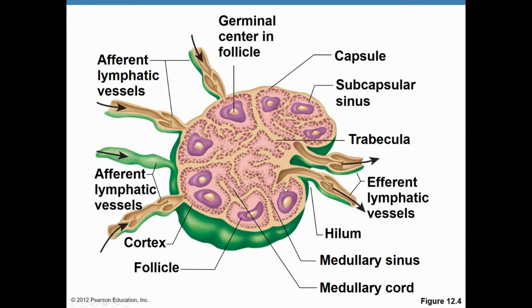The lymph node has an outer cortex, and the cortex is going to contain our follicles, and the follicles are going to be the dark purple things with the lighter center, and the germinal center is where our B cells will start to mitotically divide and create daughter cells. And then we have our medulla, and the medulla is going to be more of our generalist macrophages.